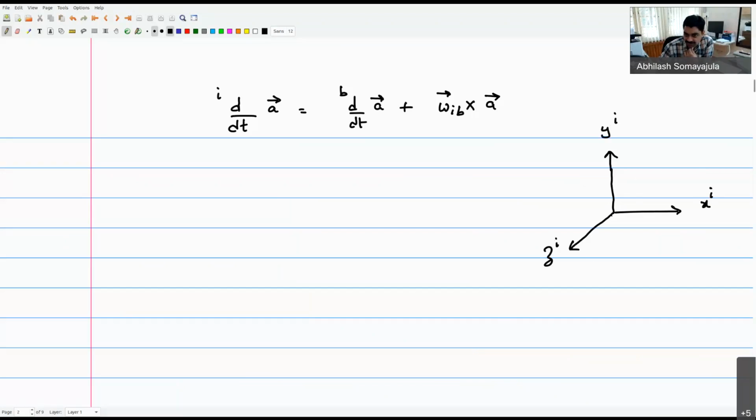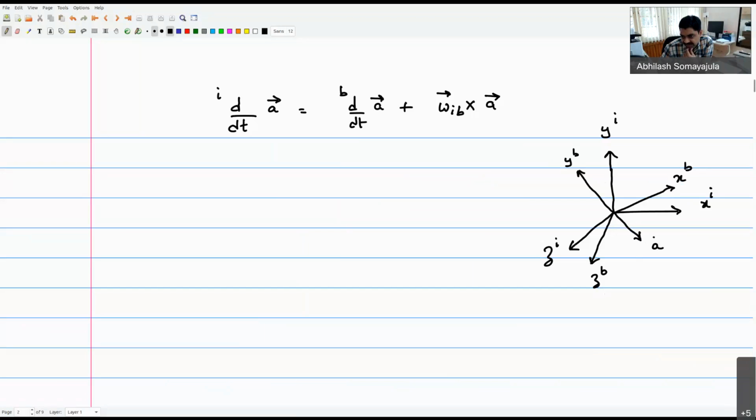Let's say the body fixed frame at that instant is looking somewhat like this, and I'll call that xb, yb, and zb. To make things simpler, we can try to consider things in a 2D plane, and that is the example which we will look at.